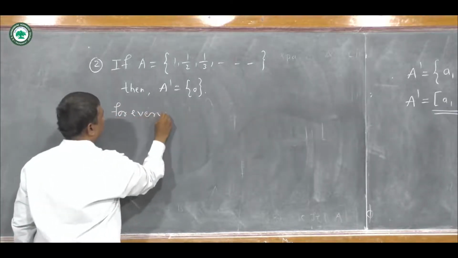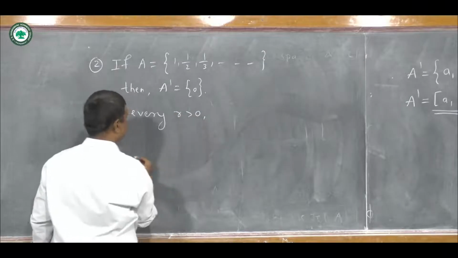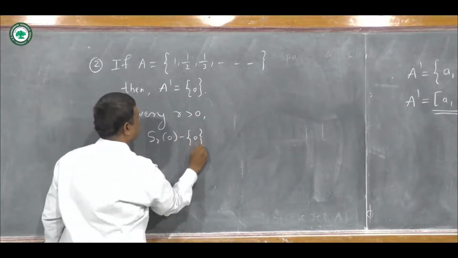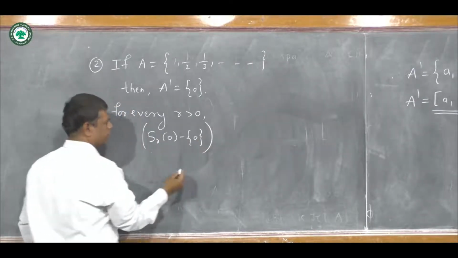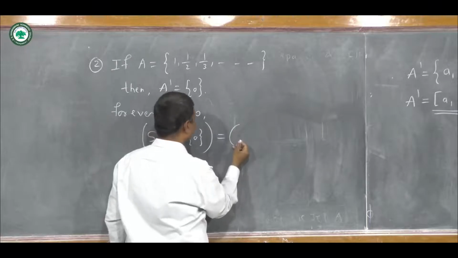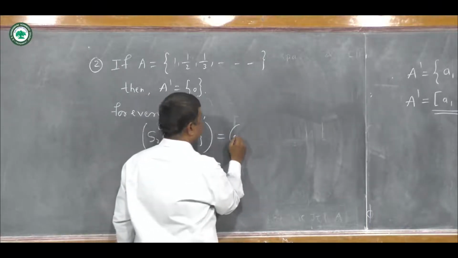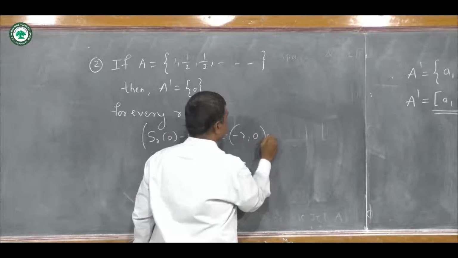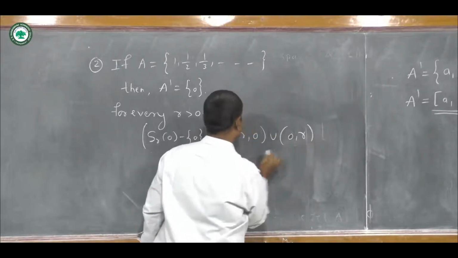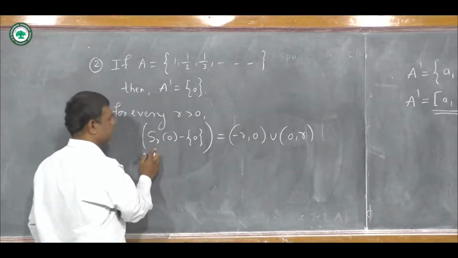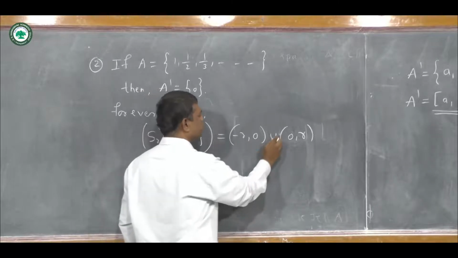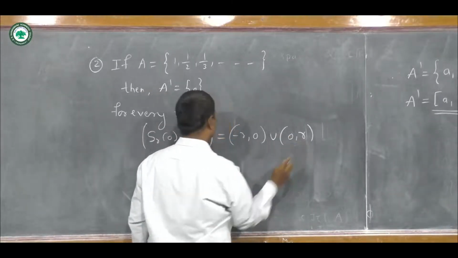for every r greater than 0, if you consider this set, then this set is minus r to 0 union 0 to r. That is, this set is the union of two open intervals, open interval minus r to 0 union the open interval 0 to r.